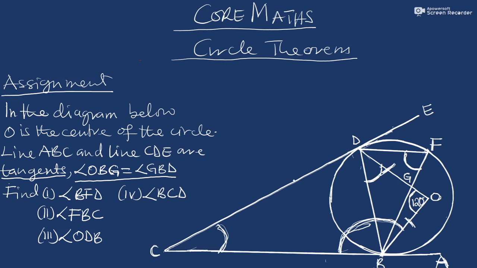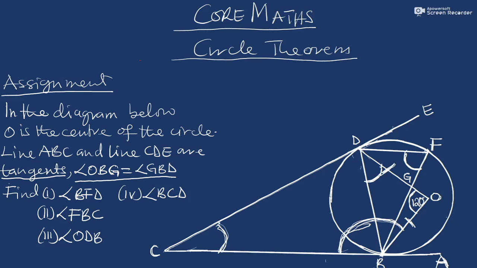Good. So looking at our diagram carefully, to get the value of this angle, there are two ways. One way is that you realize that O, B, C, and D is a quadrilateral, meaning it's a four-sided figure. And we know that in a quadrilateral, the sum of interior angles is what? 360 degrees.